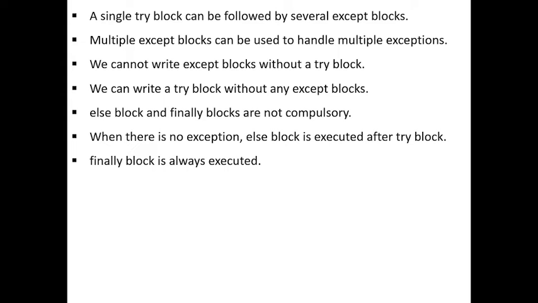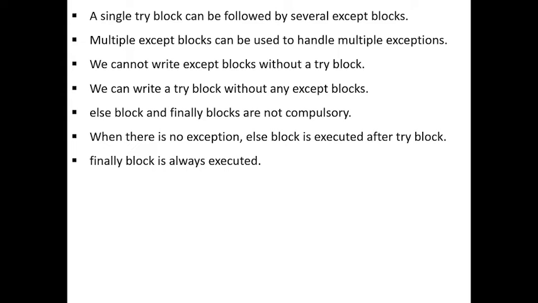There are other blocks in exceptions, that is the else block and the finally block. When there is no exception, the else block is executed after the try block. Then the finally block is always executed to close the exception.